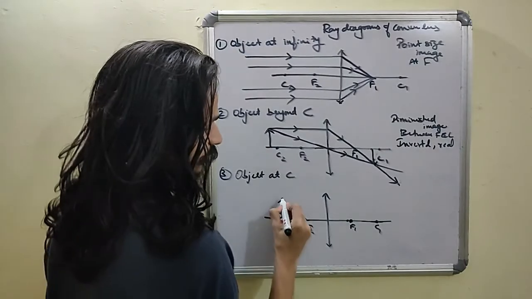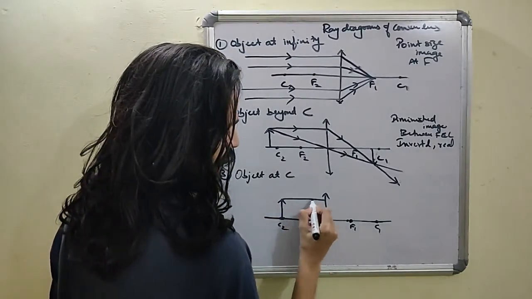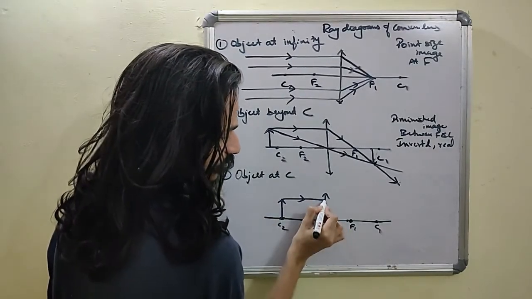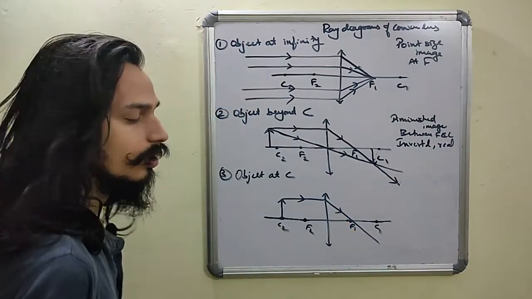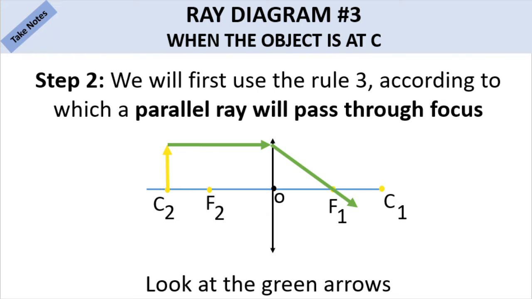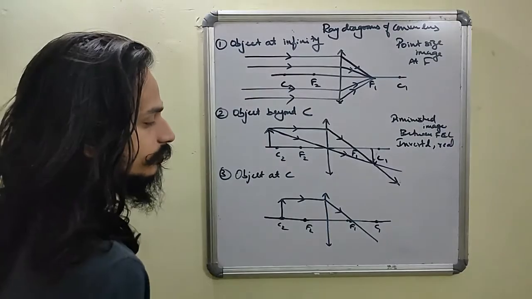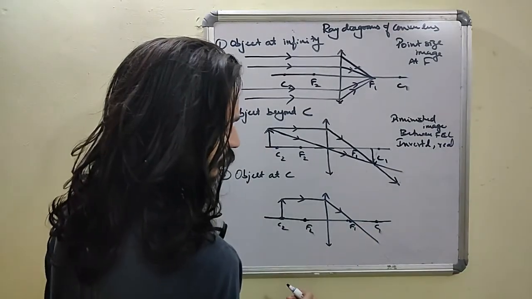The same two rules. I will remove this. The first ray goes through focus. What about the second ray?